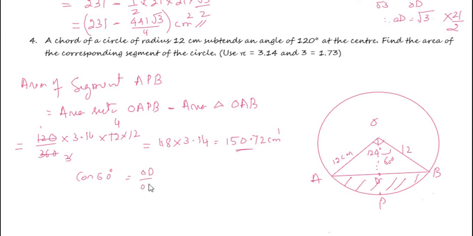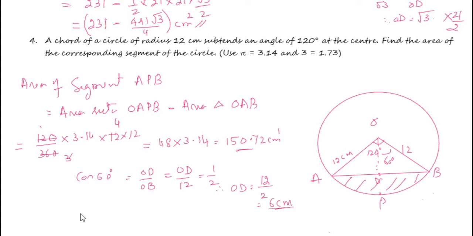OB is 12, so OD by 12, this is equal to cos 60 is half, therefore OD equal to 12 divided by 2 is 6 centimeters.